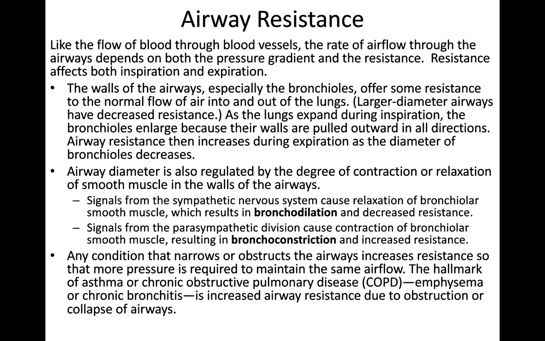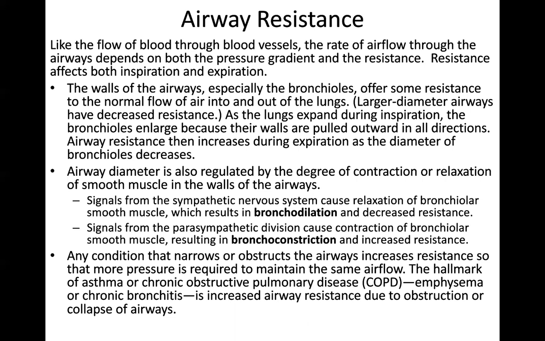And resistance affects both inspiration and expiration. Okay. What we want is very little resistance. Okay. And the walls of our airways, especially our bronchioles, offer some resistance to the normal flow of air into the lungs. Okay. The larger the diameter of the airway, the less resistance they have, which makes sense. They're more wide open. There's less resistance to the flow of air.